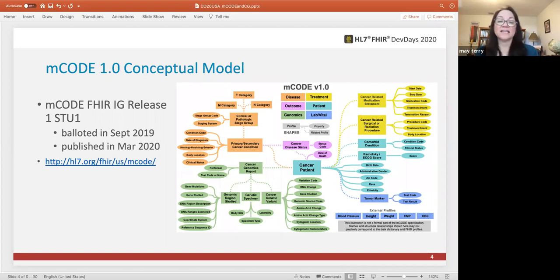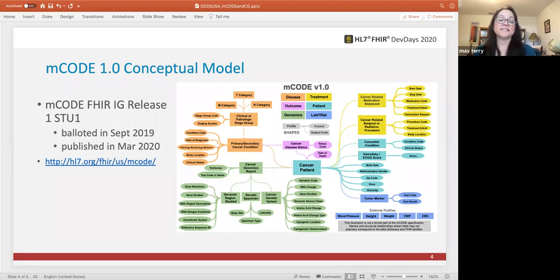That's not exactly stated in the IG as is, but it's really more for a visual of how you can potentially group these different elements that you see here. We start at the top left with disease, and by disease we mean cancer in particular, because this is obviously an oncology IG.